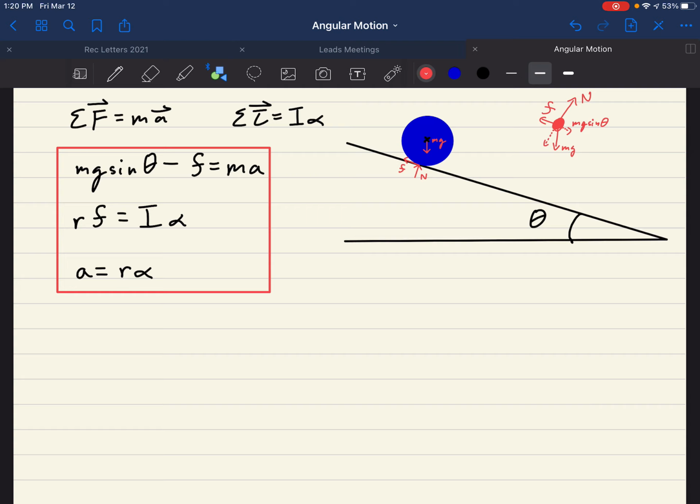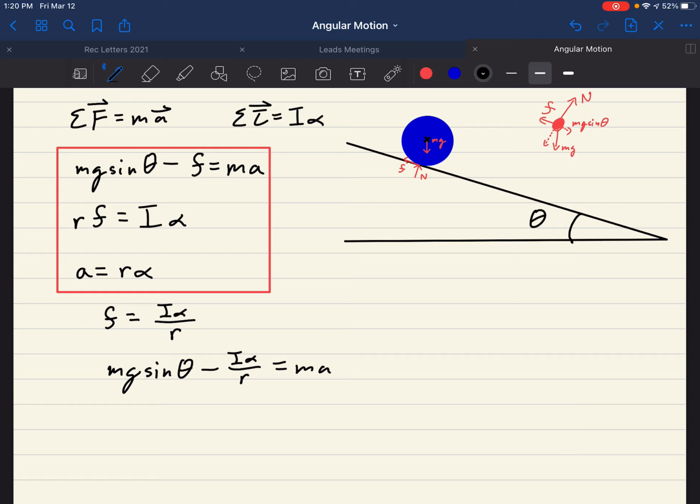I'm going to eliminate F. I'll take my second equation and solve for F, and then stick it into the first. Solving for F, I get F equals I alpha over R. Now I stick that in my first equation: mg sine theta minus F, which is I alpha over R, should be equal to ma.